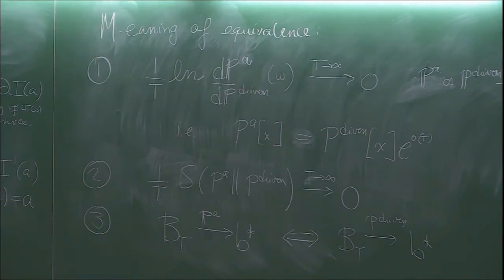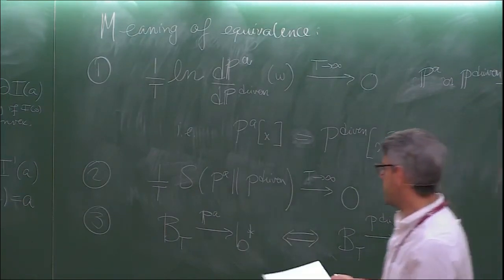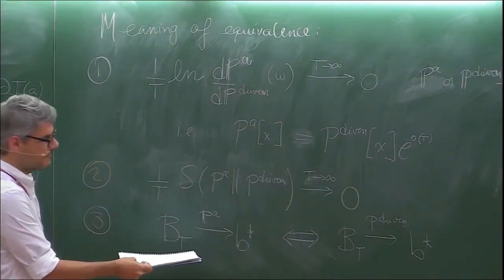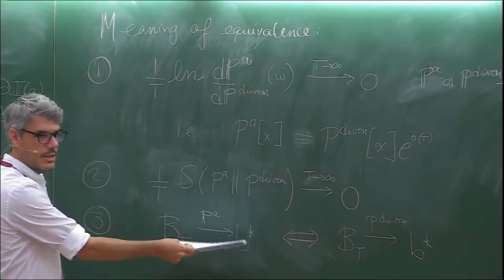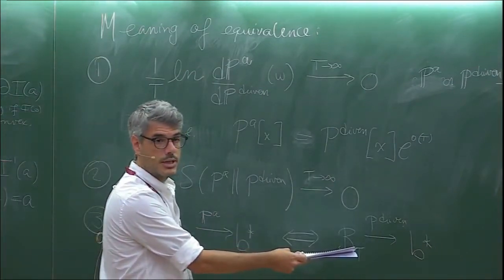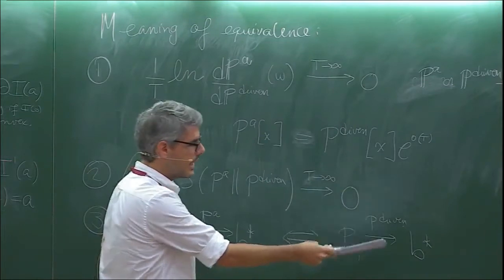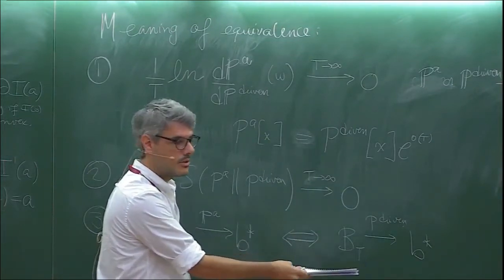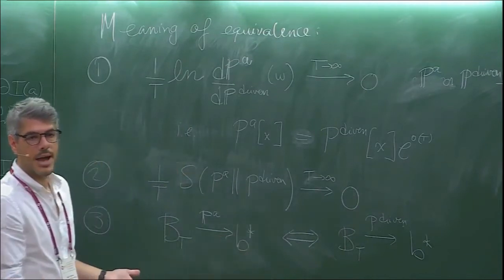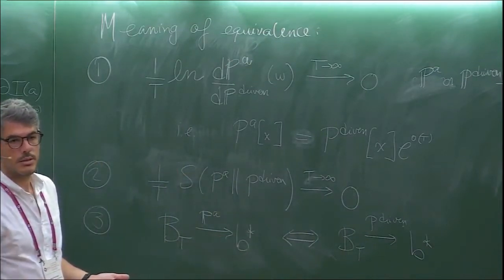In fact, what you can imagine, and I've mentioned this already, this is like the microcanonical ensemble. You look at all configurations with a fixed energy. Then this will be the equilibrium states in that ensemble. This is like the canonical ensemble. You're fixing the temperature instead. You're fixing K. And here you can have equilibrium states in the canonical ensemble. And so what you're saying here is that the canonical equilibrium states are the same as the microcanonical equilibrium states.